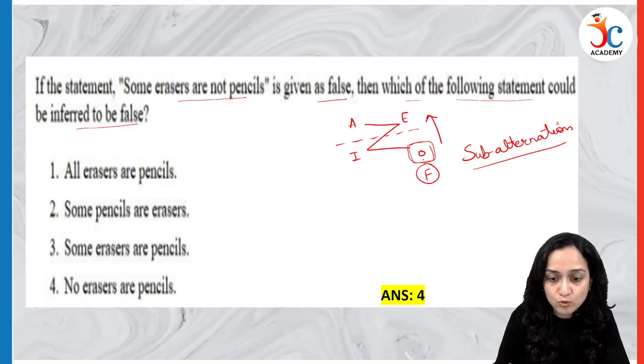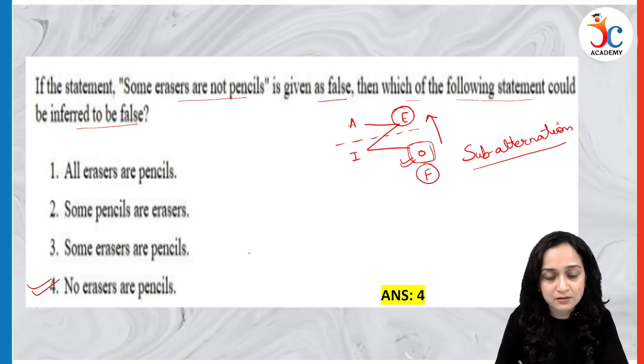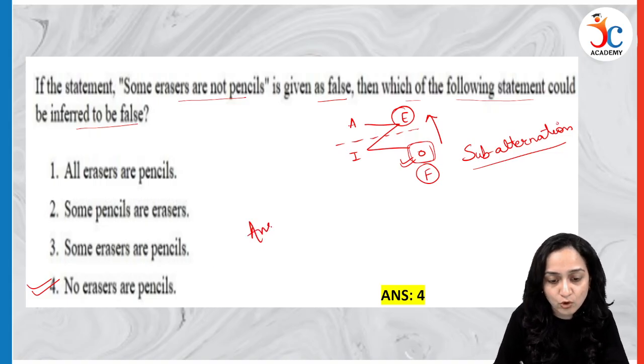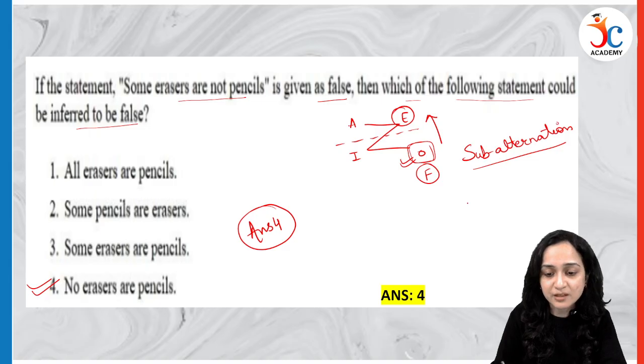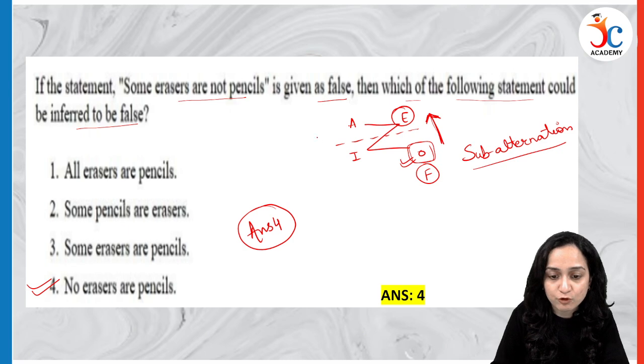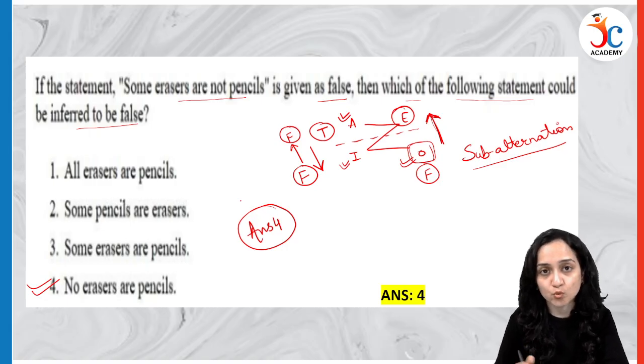So if O statement or O proposition is false, then E proposition, that is no statement, no erasers are pencils, this statement will be false and the given answer will be option number 4. आपको समझ आ रही है बात कि सब ऑल्टरनेशन में हमारा जो फॉल्स होता है इट मूव्स अपवर्ड्स और जो ट्रूथ होता है इट मूव्स डाउनवर्ड्स. यानी अगर ए ट्रू है तो आई भी ट्रू होगा, लेकिन अगर आई फॉल्स है तो ए फॉल्स होगा. सो फॉल्स अपवर्ड्स एंड ट्रूथ डाउनवर्ड्स.